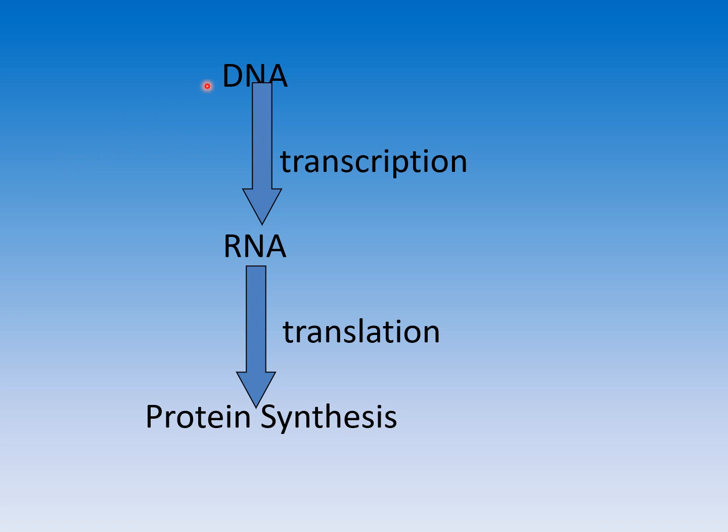So you're going to take the DNA and you're going to copy it for RNA. They speak the same language. They're both nucleic acids. Their building blocks are the same. Now, from RNA to proteins, think of it as they speak a different language. Their building blocks are different.